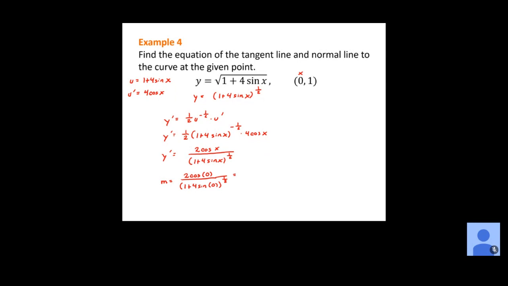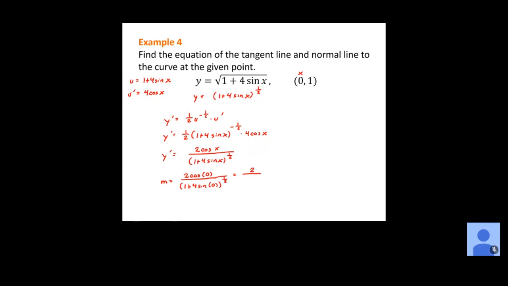Now, if we simplify that, what's 2 times the cosine of 0 going to give us? Okay, so that's going to give us 2. And then down here now, what are we going to get? Yeah, just 1, right?